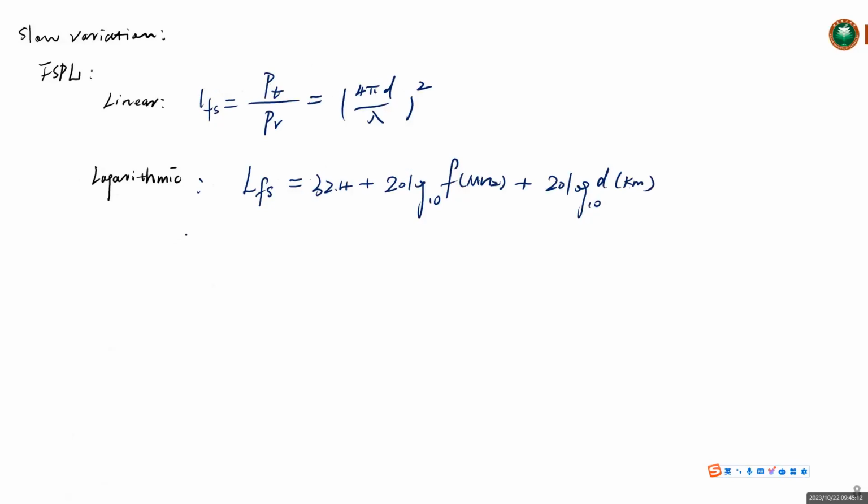These two equations are most commonly used. Here we assumed that we do not consider the gain from the antennas because we assumed isotropic antennas, all right? Isotropic antenna means there is 0 dB antenna gain in logarithmic units, or 1 in linear.